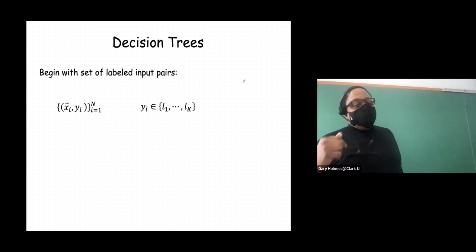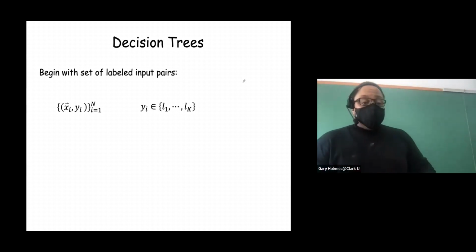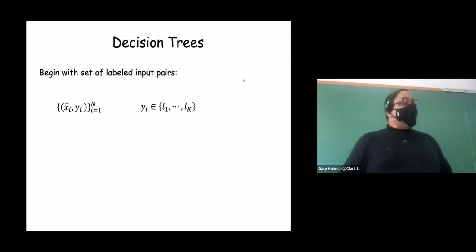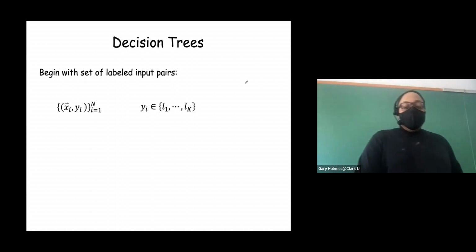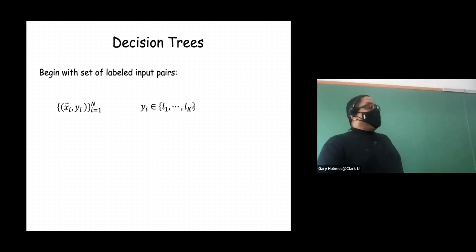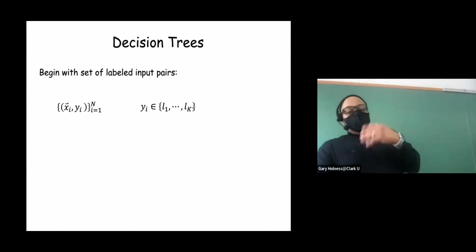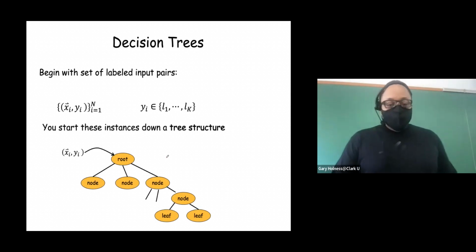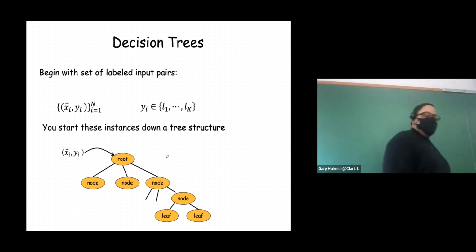All right. So we're going to start with a set of label instance pairs. It's our vector instantiations, X. Each one has a ground truth label assigned by the target function. And we're just going to assume we have our label set, K-many labels, and we call that L1 through LK. What you do with a decision tree, it's called a tree because it has a tree structure, and this tree structure is a graph.